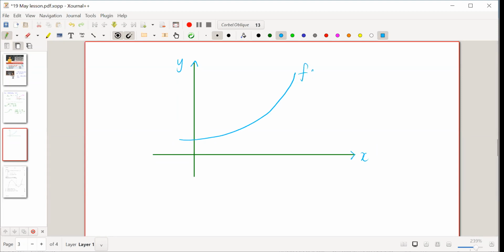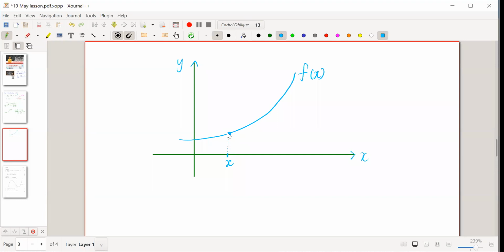This is my curve f of x. We want to determine the gradient at a given point. So if this is a point that has x coordinate, let's call this one x.